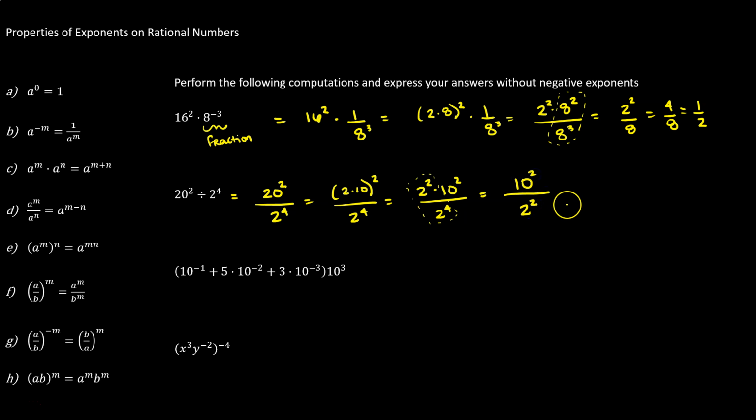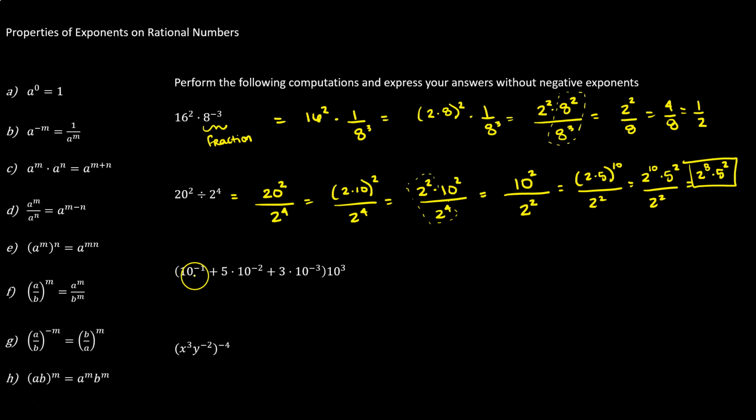We still have 10 squared on top. And if we can simplify this, we should. 10 is the same thing as 2 times 5. We should distribute the exponent, so 2 to the 10 times 5 to the 10 over 2 squared. 2 to the 10 minus the 2 squared on bottom would leave us with 2 to the 8 on top and 5 squared. And we can leave our answer there because it says express your answers without negative exponents, and both of those are positive.